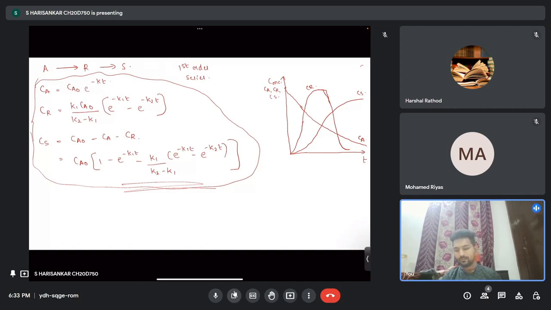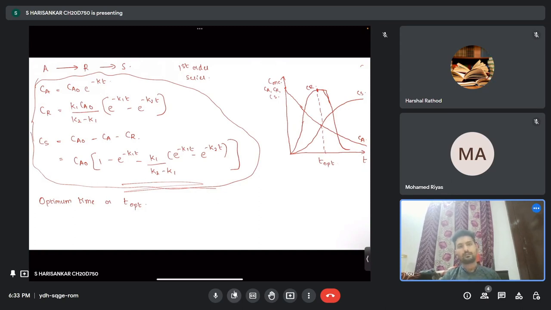Now we'll define a term called optimum time, or T optimum. The optimum time is nothing but the time at which the concentration of R is maximum. So this is T optimum.